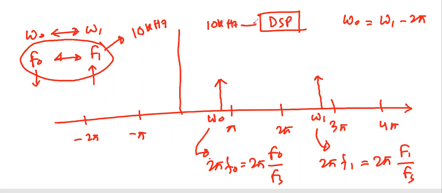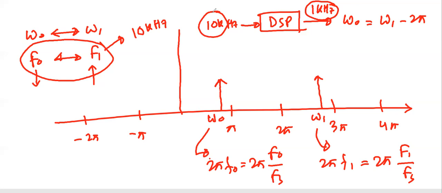After that, if you find your signal converted to an analog signal looks like 1 kilohertz, then 1 kilohertz is the alias of 10 kilohertz. That is the term we use for the aliasing of the signal.